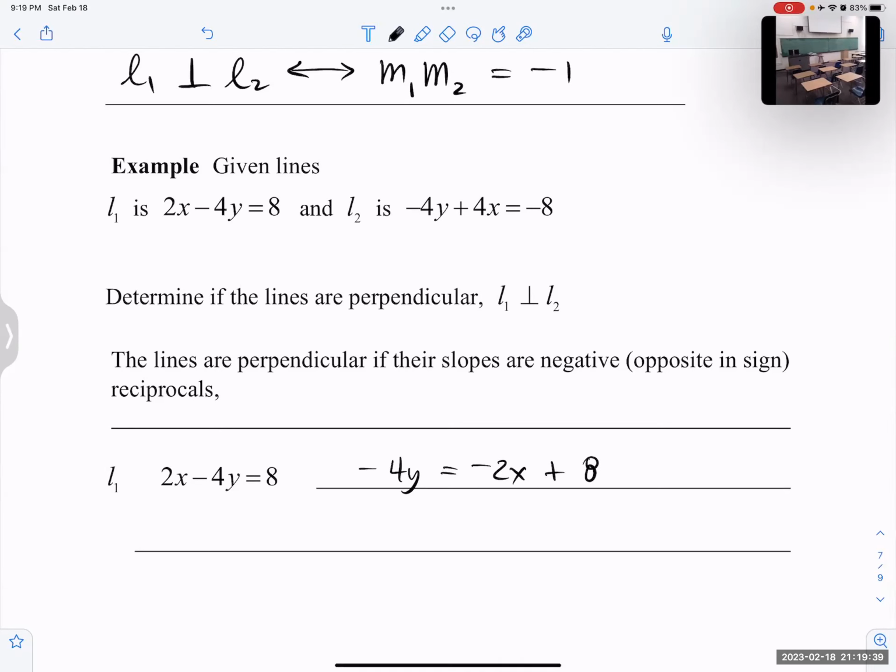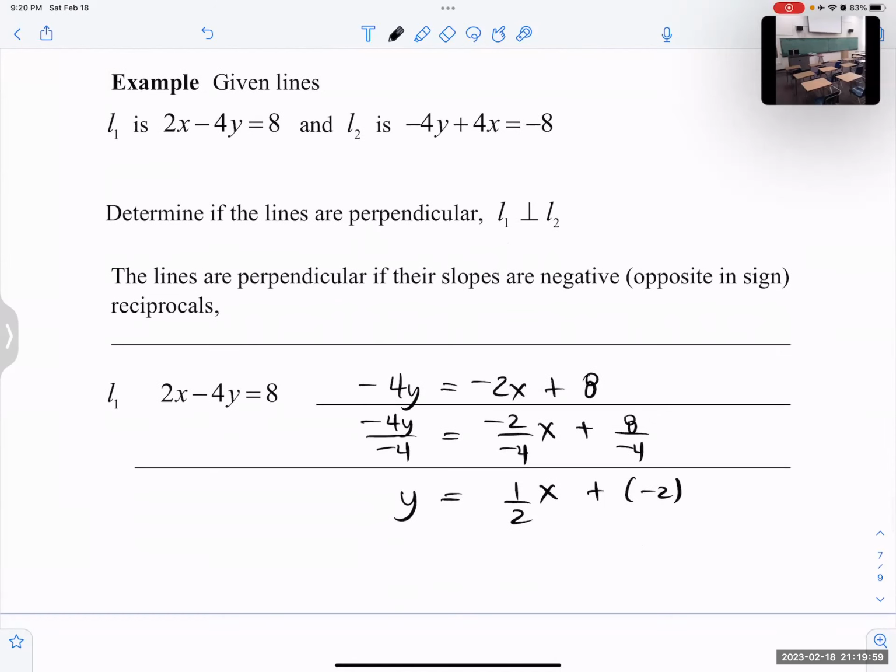And if we divide each term by negative 4, then we have y equals positive 1/2 times x plus negative 2. So the slope of line 1 is positive 1/2.